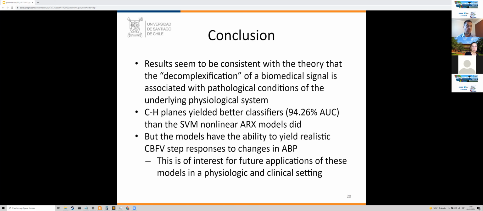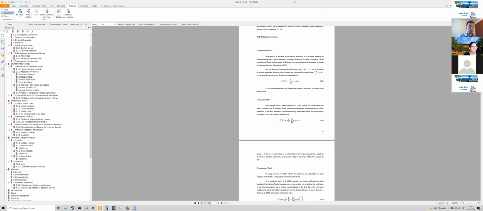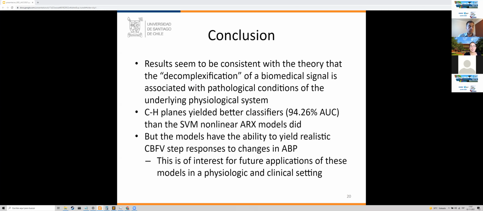Where are the patients from? I assume where were the data collected? Yes, the TBI group, traumatic brain injury group, where that data was taken in a hospital in Leicester. I forgot the name. Okay, the healthy group was taken in our university in the Laboratory of Biomedical Engineering and in Universidad of Santiago.